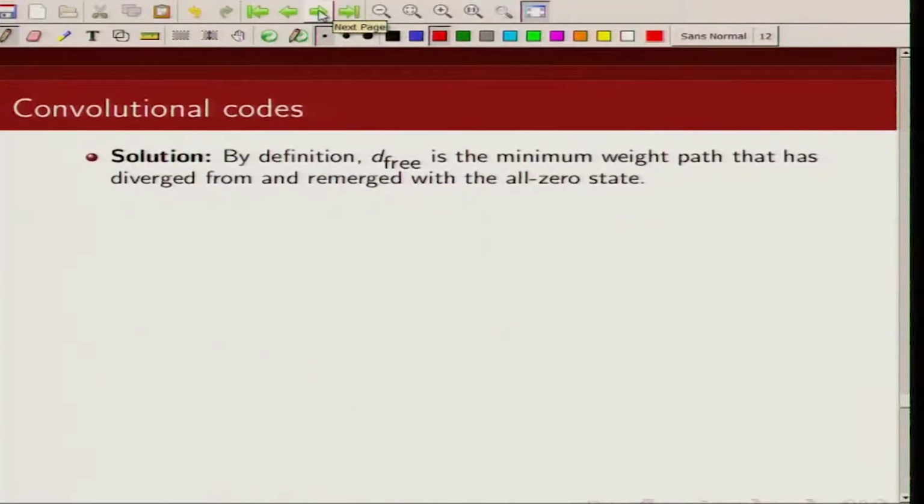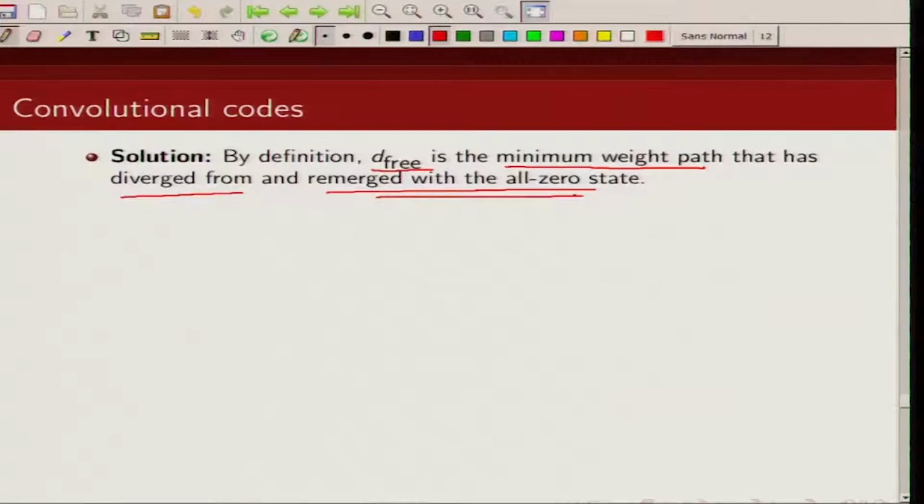So, by definition, what is the free distance of a convolutional code? It is the minimum weight path that has diverged from an all 0 state and merged back into the all 0 state. How do we find the minimum weight code word?